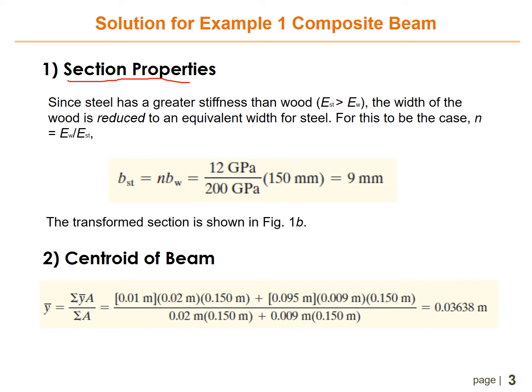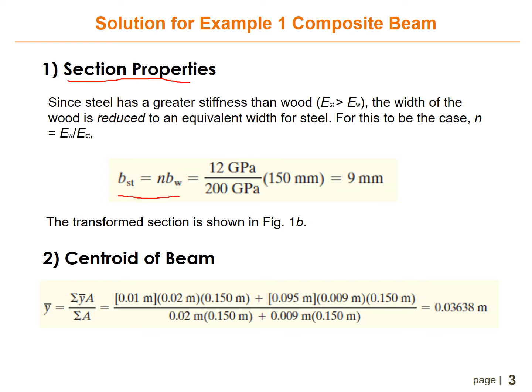For this to be the case, n equals E_W divided by E_ST, which is E_W, the modulus of elasticity of wood, divided by modulus of elasticity of steel. So we can use this equation.